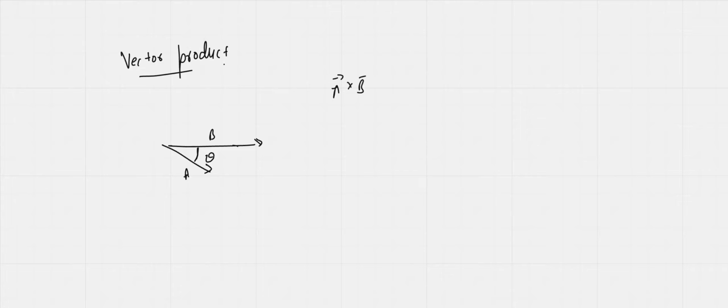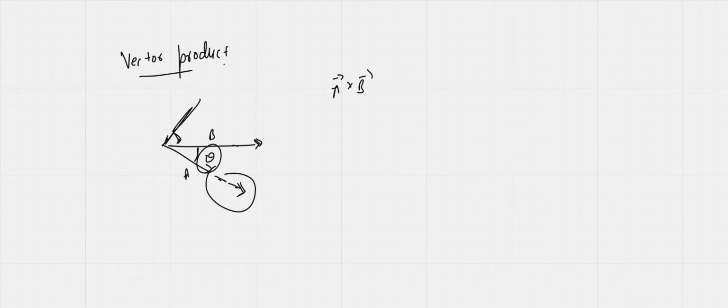I will resolve b along the direction of a, because by resolving it with respect to a, I get another component at 90 degrees to it.